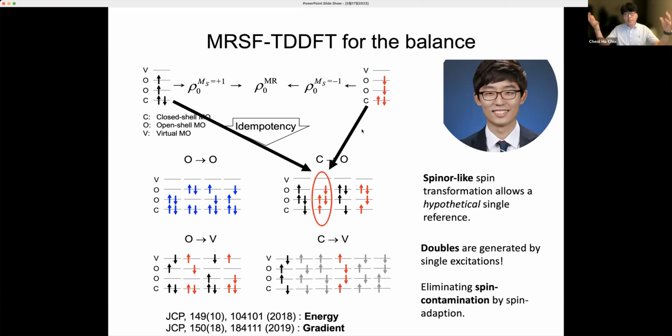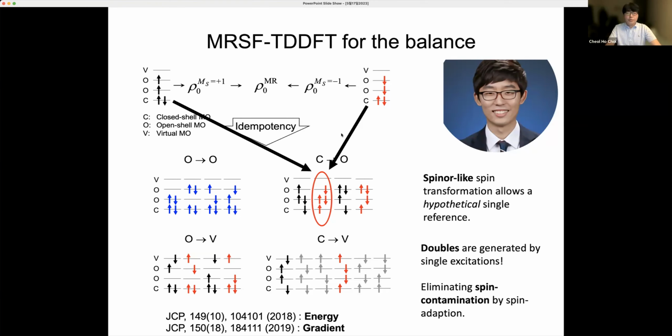And it is almost a mirror image between the two. And you don't have to recalculate your system to get this because it's already there. So by combining these two references, you can generate all these necessary configurations so that you can eliminate the spin contamination. Well, it's not that simple.